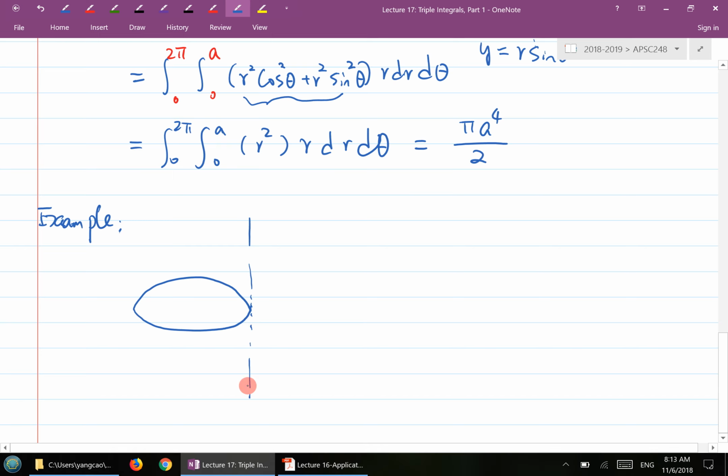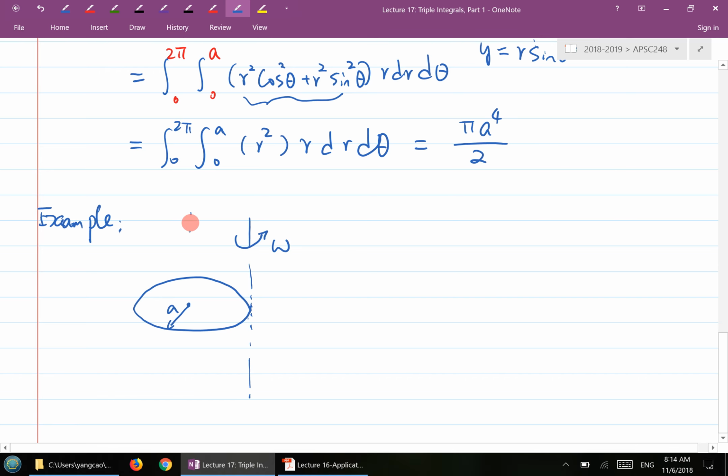But this time, instead of calculating the moment of inertia about the z-axis, I'm required to calculate the moment of inertia of the thin plate about any vertical axis through its boundary or through its edge. So it's about a different axis now.